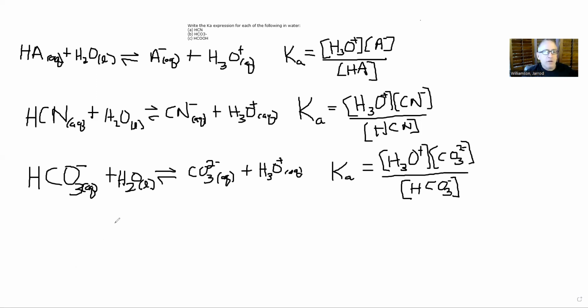And what's going on here is, let me do this: H, carbon, and I've got 3 oxygens attached to that. I'm just going to write O3. It's kind of sloppy, but this is going to be slightly positive because these oxygens attached to that carbon are hogging the electrons away from the hydrogen.